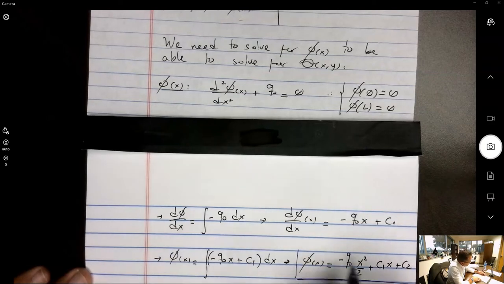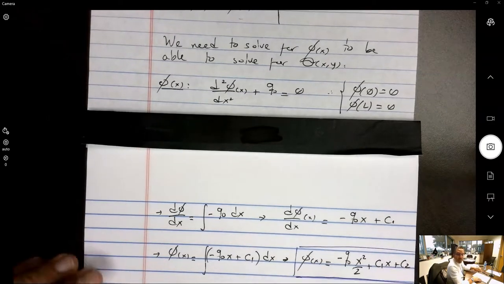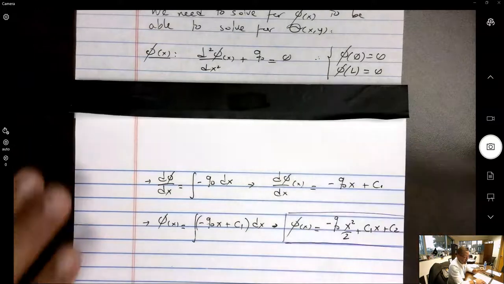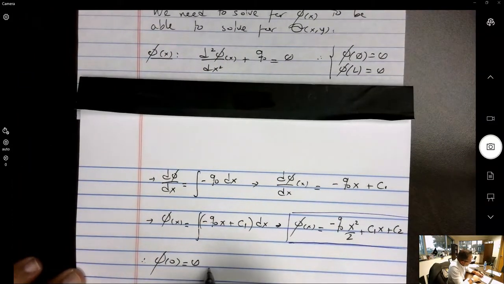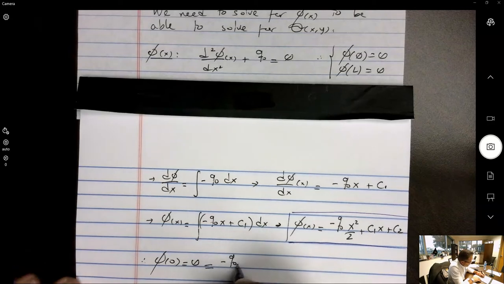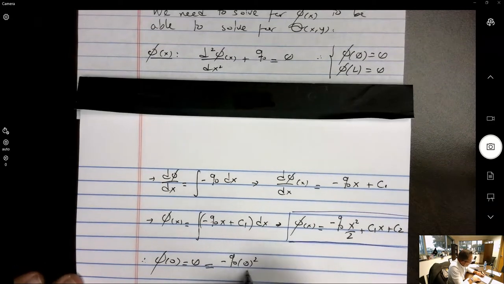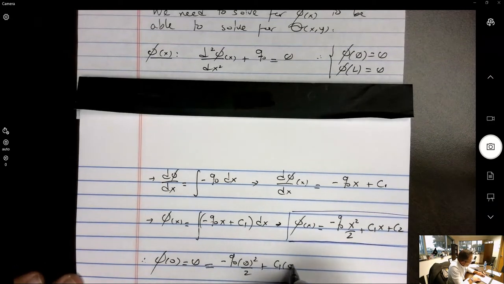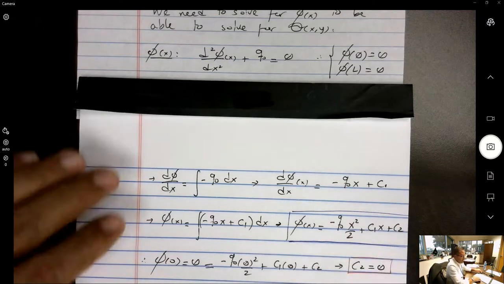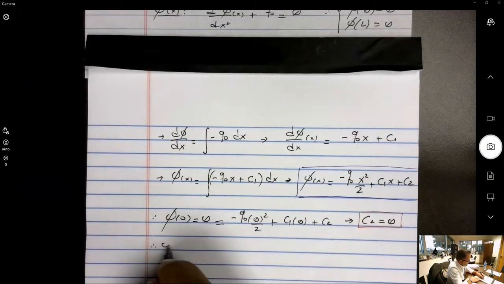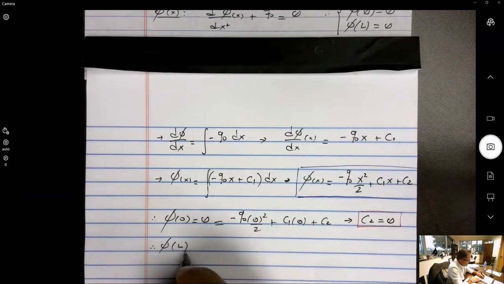I'm going to use blue to denote that it's not done. We have these two boundary conditions. So phi at 0 should be equal to 0. That means that minus q0 times 0 squared divided by 2 plus c1 times 0 plus c2 should be equal to 0. From here, we can very easily see that c2 will be equal to 0. This one is sort of final. And the second condition is phi at L is equal to 0.